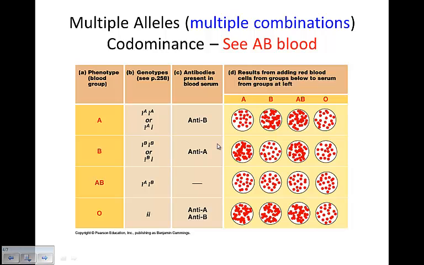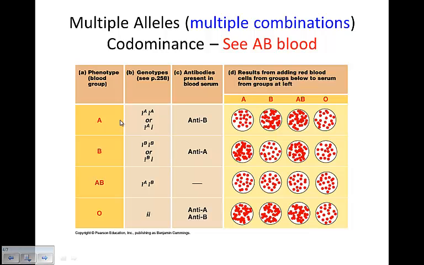All right, then you can also have multiple alleles. So there are multiple, which means more than two, versions of that same basic allele. The glycoproteins, the hands of red blood cells, are a classic example. These hands, the antigens, identify the blood types. One dominant allele results in the presence of A antigens on the surface of the red blood cell. Another dominant allele results in the presence of B antigens on the surface of red blood cells.